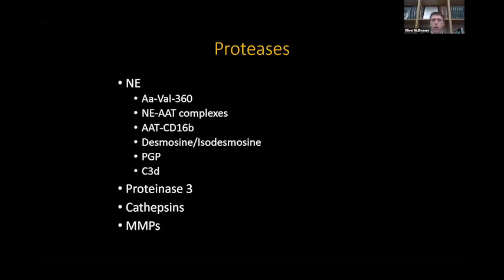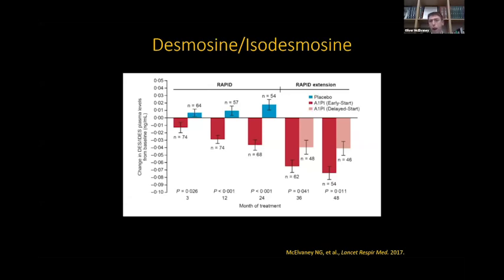So what about blood? Well, we don't necessarily pick up any activity in blood generally, but we do have some indirect measures of activity, and they're listed there for you. The ones that we'll talk a little bit about are desmosine, isodesmosine, C3D, and we'll also talk about A-alpha valine 360. When it comes to desmosine and isodesmosine, we know from the RAPID trial that it changes in response to treatment.